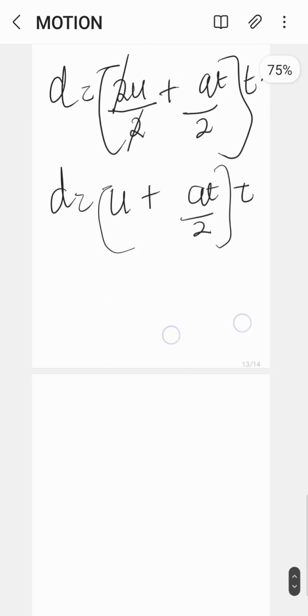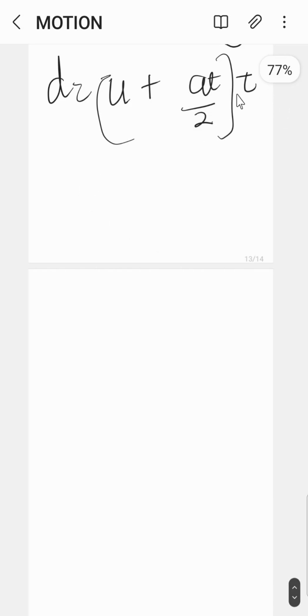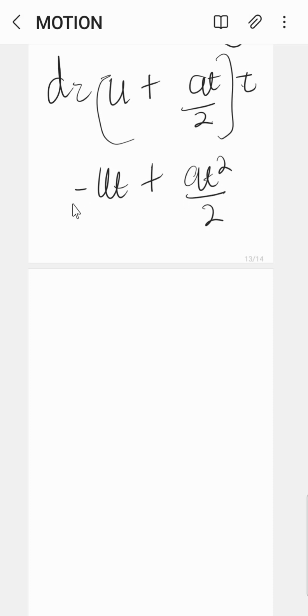Now we have t multiplied by both sides. So t multiplied by u will have ut, plus t multiplied by at over 2 will have at squared over 2, is equal to d.